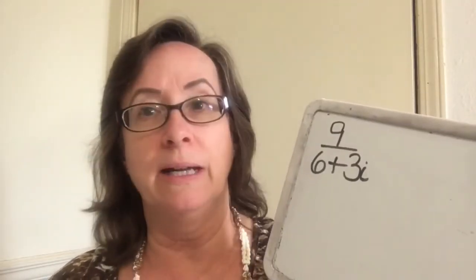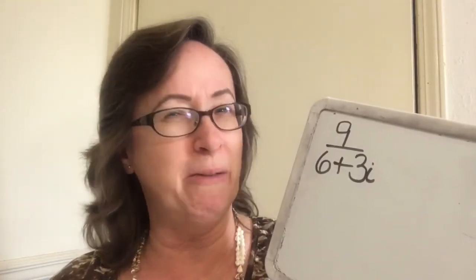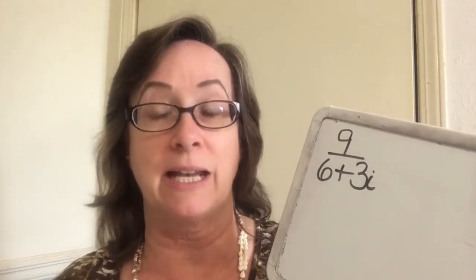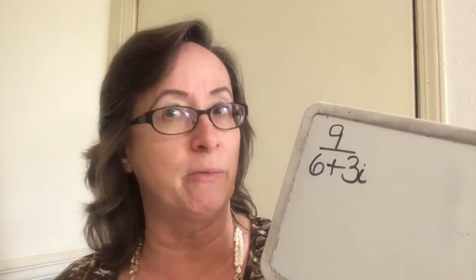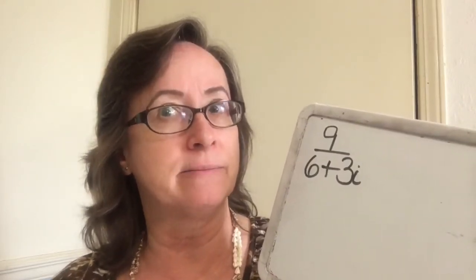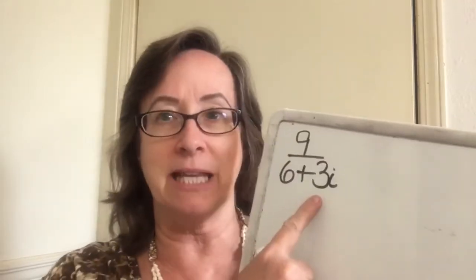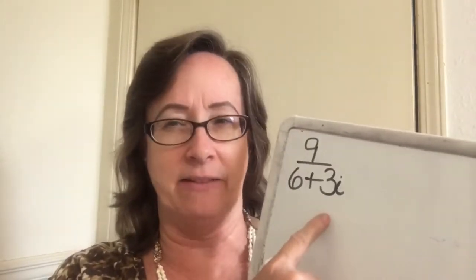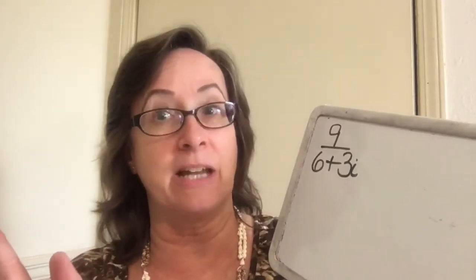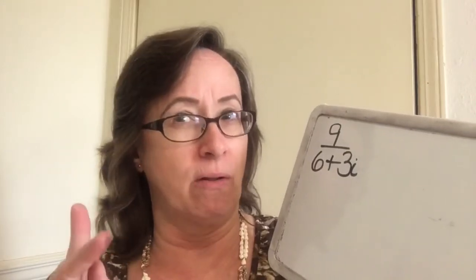Remember, when we were dividing with radical numbers, we really didn't worry about dividing anything. We were rationalizing the denominator. We were getting the radical out of the denominator, which simply meant we were simplifying. Okay, so like radicals, we are not allowed to leave an i in the denominator. So we are going to get the denominator real. And that's our goal here.